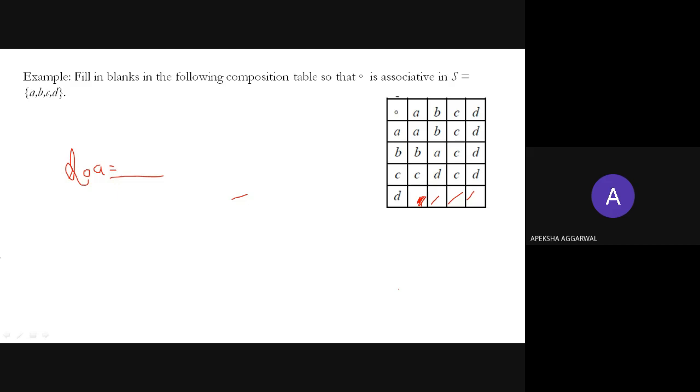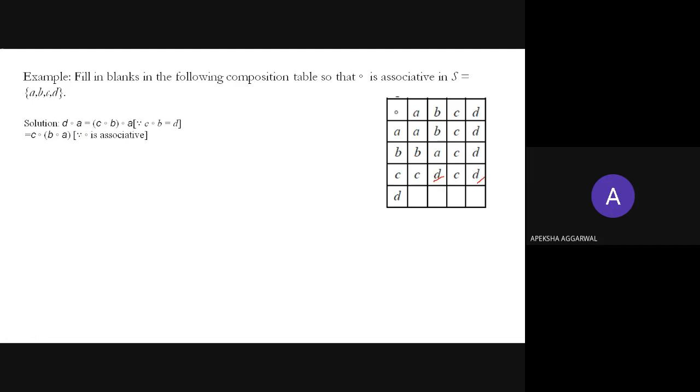For example, DOA is equal to, instead of D, they have written COB. COB is given as D in this cell. So (COB)OA is equal to DOA, right? Now you will solve further.